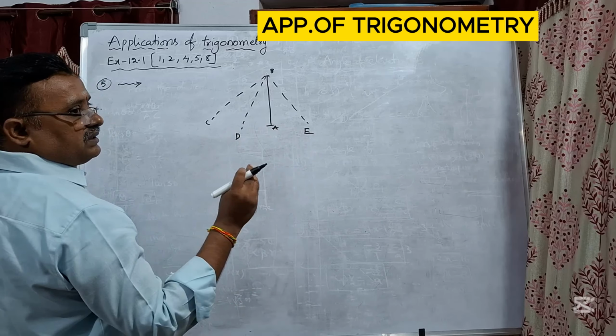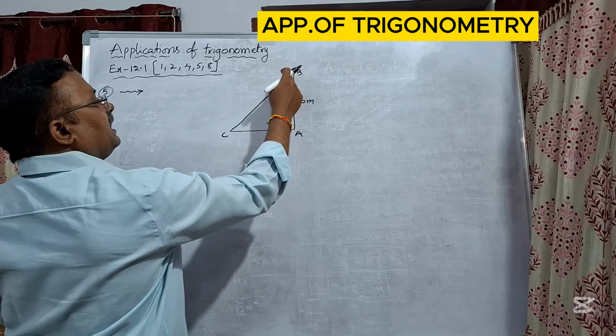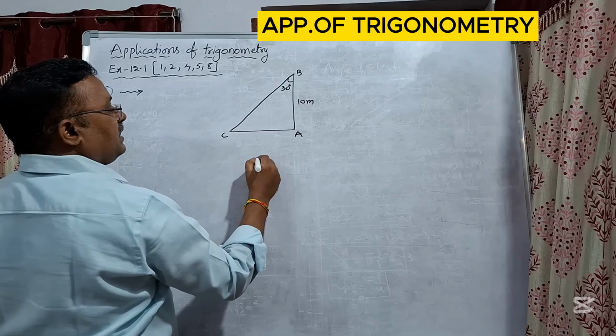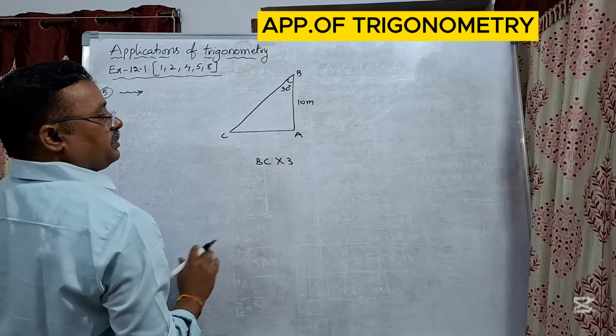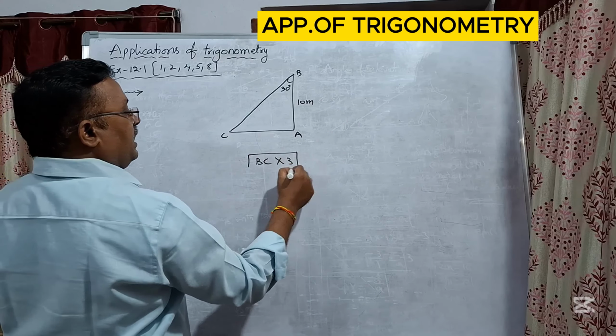This rope BC is making an angle of 30 degrees with the pole, not with the ground, with the pole. That's why where that angle is forming is important. So find the length of this one rope BC, make it 3 times to get the total length of the rope. This is our aim.